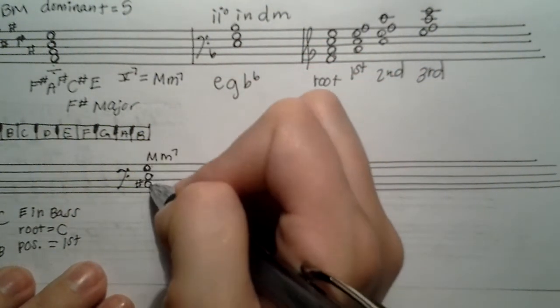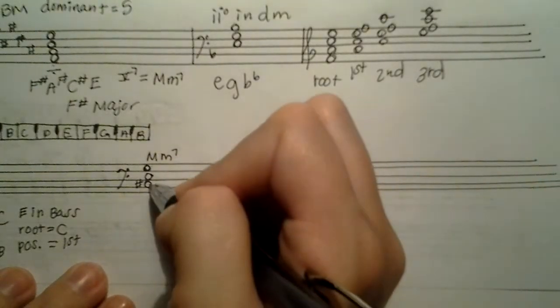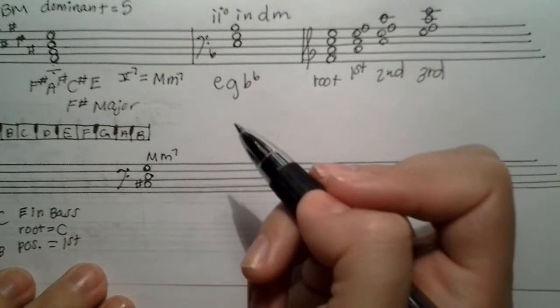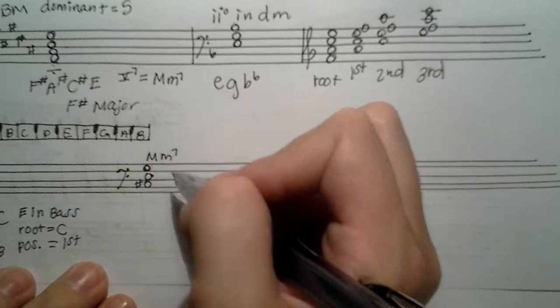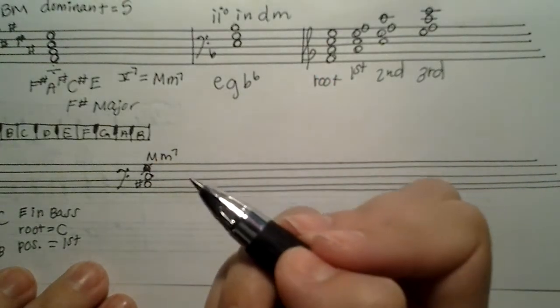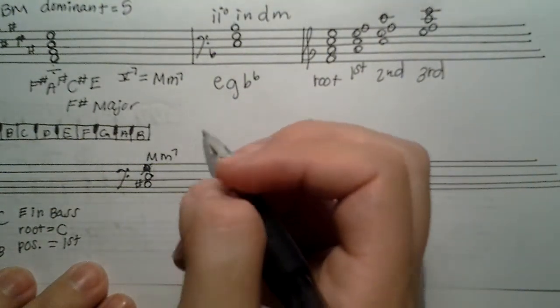So this G, so far this is not a major chord. From C sharp to E is minor, and we can't change that. So therefore this G can't go up there for right now as we're making this major chord, because we need a major on the bottom and a minor on the top.